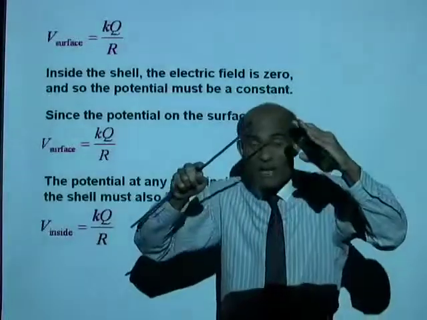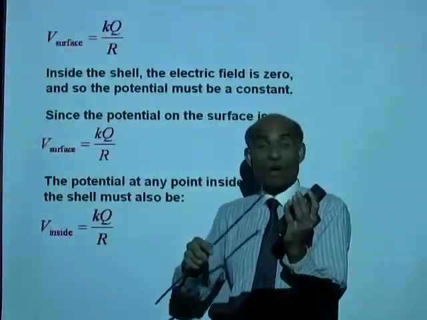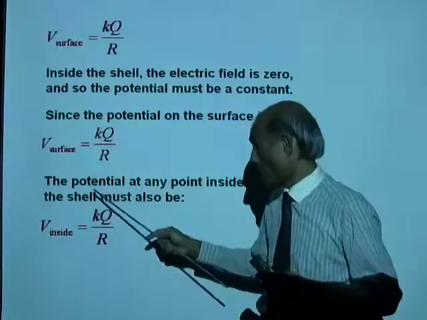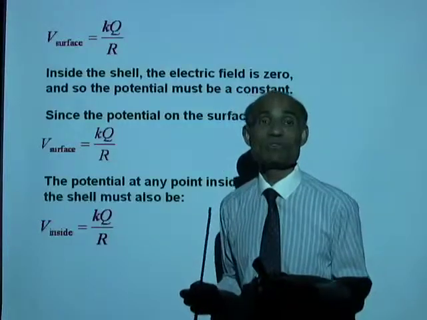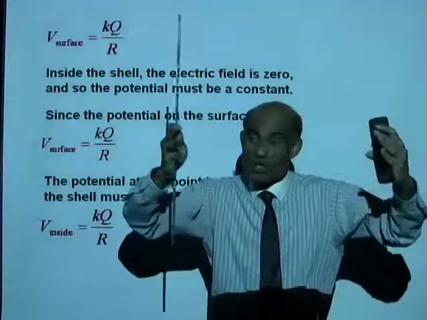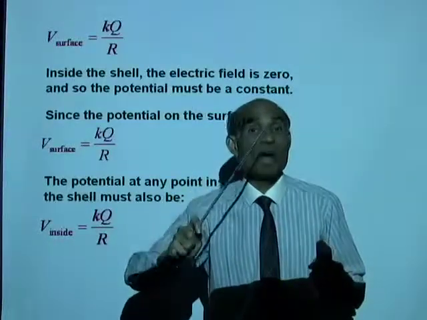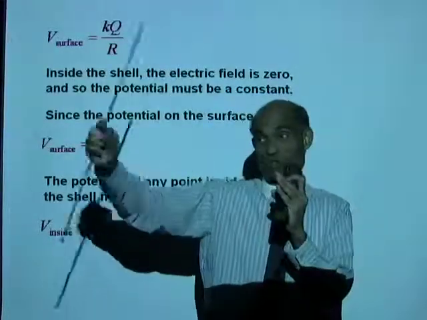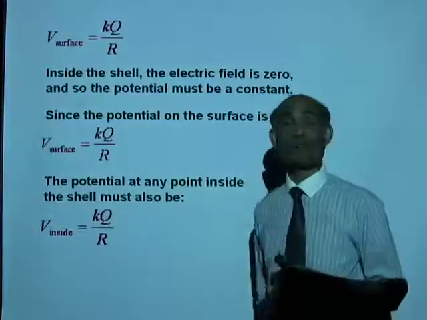So, potential at any point inside the shell and at any point on the shell is uniform, given by kq over r, and potential at any point outside will be kq divided by small r, where small r is the distance of the point from the center of the shell.